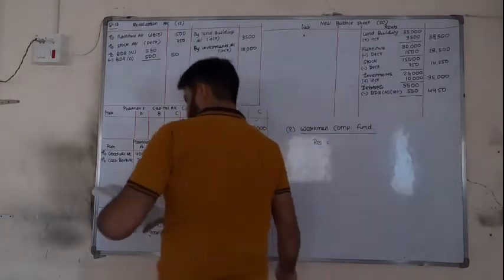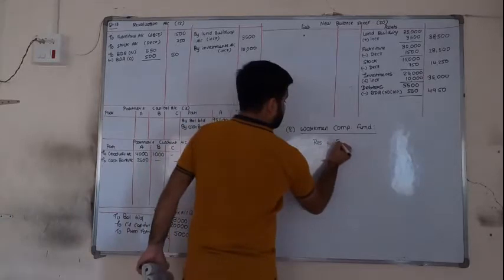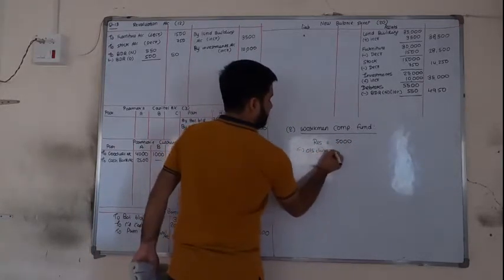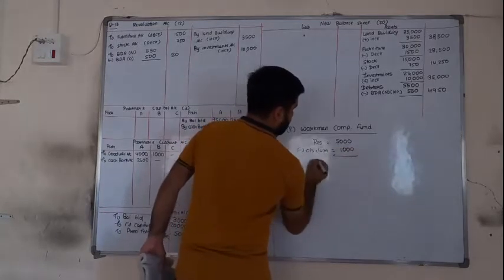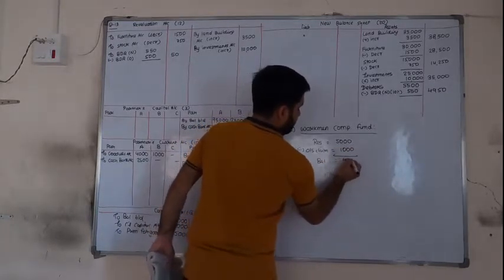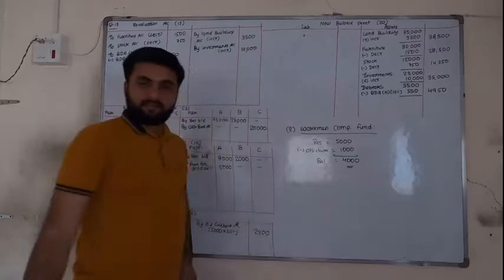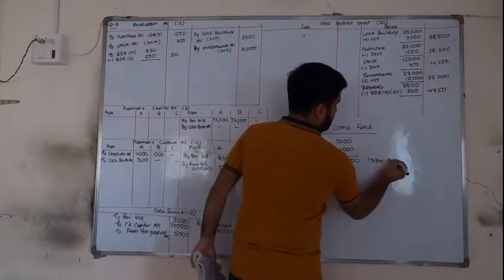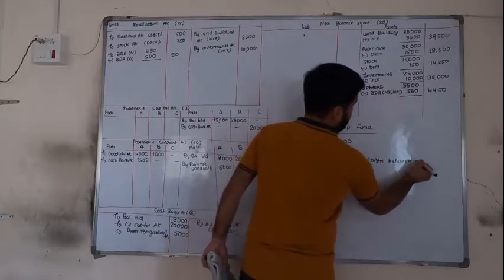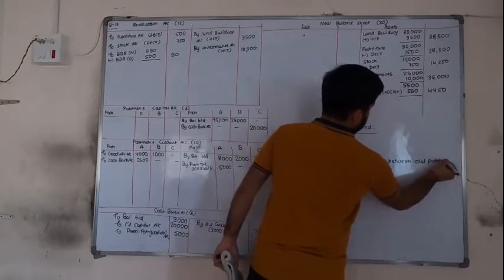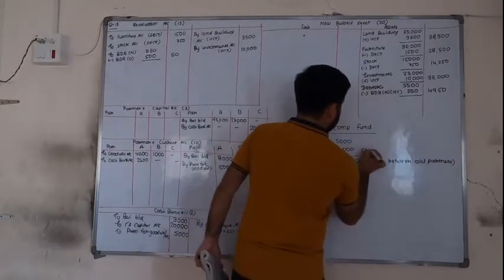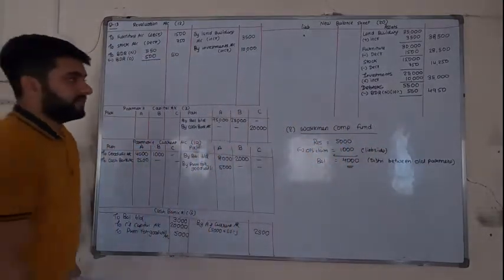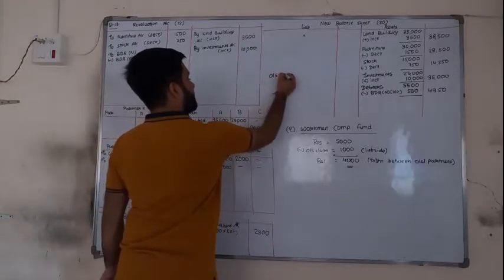In the next line, reserve is 5,000 minus outstanding claim is 1,000. Balance is 4,000. Now still a balance is remaining, so distribution between old partners, and this will be shown on the liability side. Okay, so first we are showing it on the liability side.